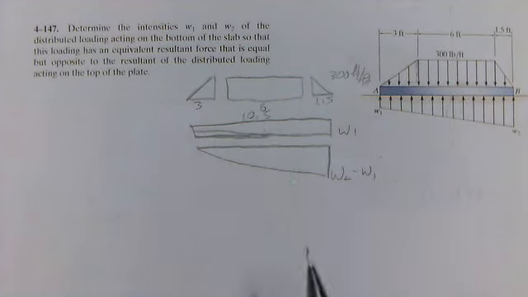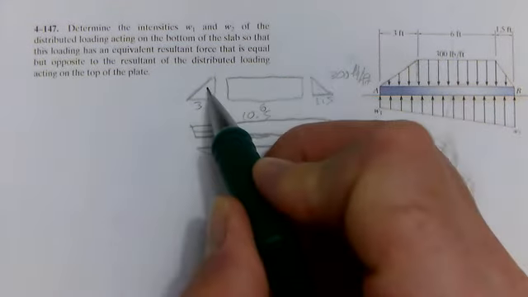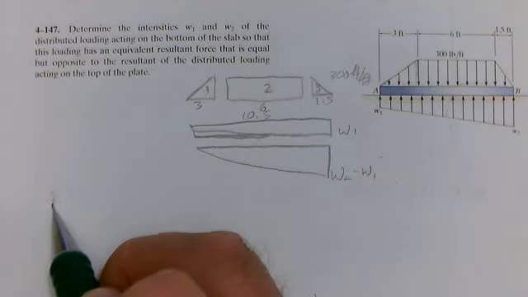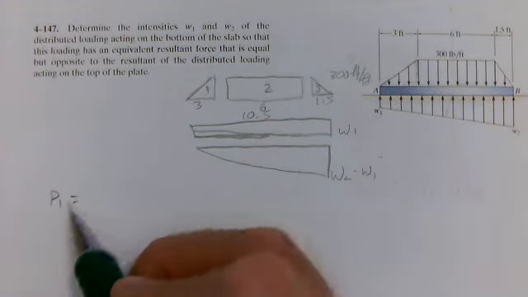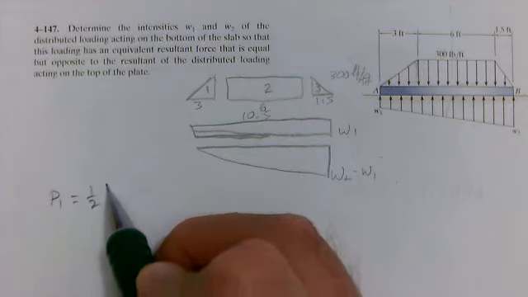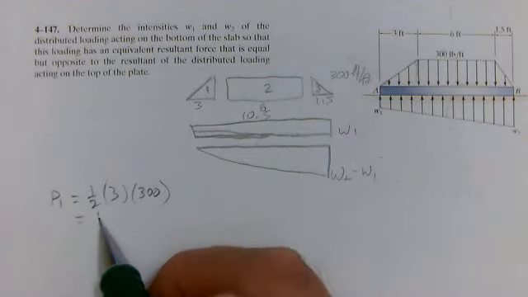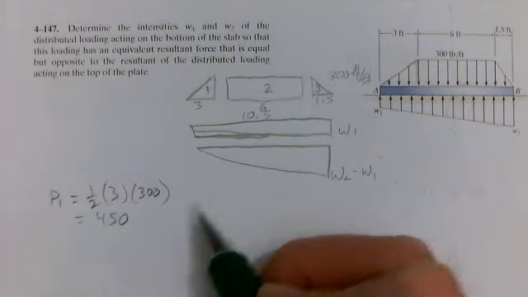Okay, now let's start at the top. We're going to call this section 1, section 2, section 3. The load on 1 is 1/2 the base times the height, which equals 450.